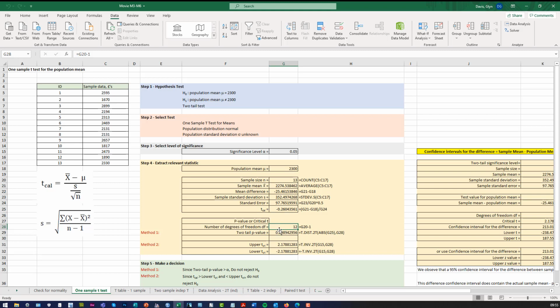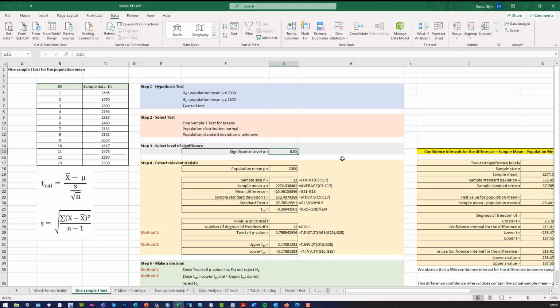So how do we get those? Well, we know the number of degrees of freedom is n minus 1, so it's G20 minus 1, to give me 12. We can calculate the two-tail p-value using the Excel function T.DIST.2T, as you can see there, and that comes to be 0.79894, etc. Then all we do is compare that two-tail p-value with your significance level, which is 5% two-tail, and we can see that that number is bigger than that number, therefore we would accept the null hypothesis.